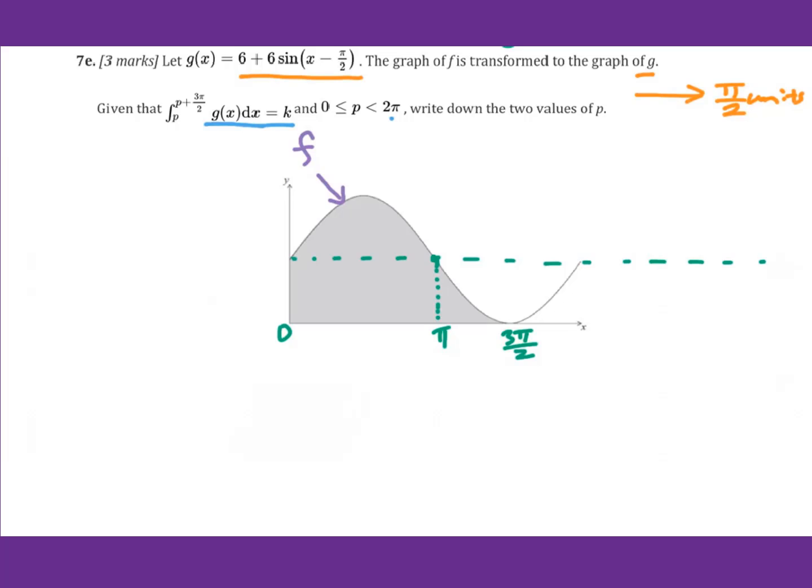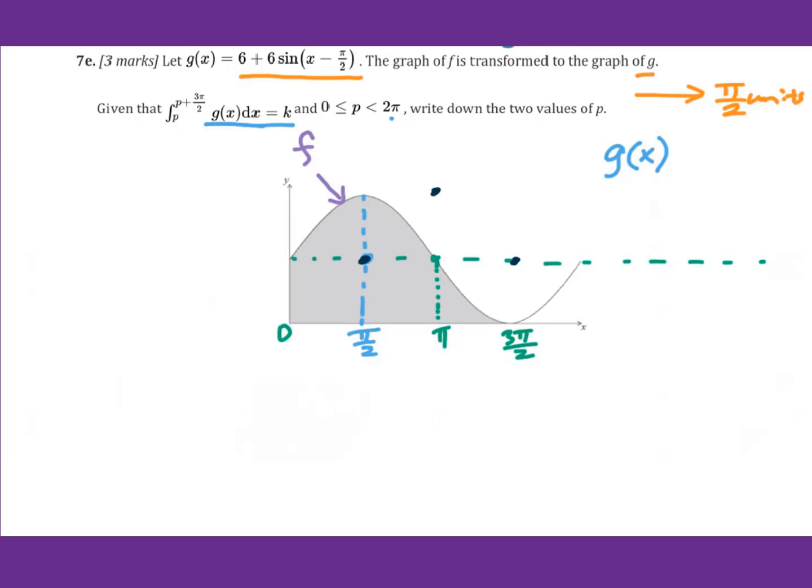First of all, let's sketch this g of x. We will move this function to the right pi over 2 units. So you will get this is the point, and here's the point.